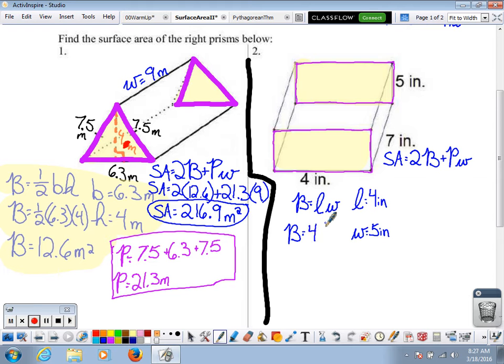Very good. 4 times 5, which means the area of that base will be 20. 20 what? Very good. 20 square inches. Now that is the area of the base.